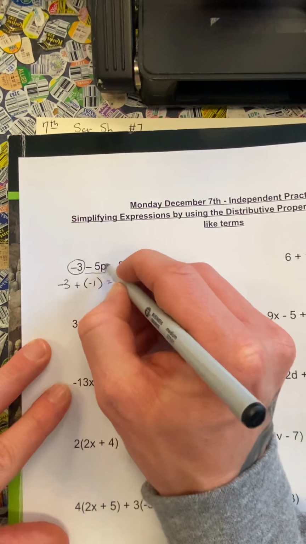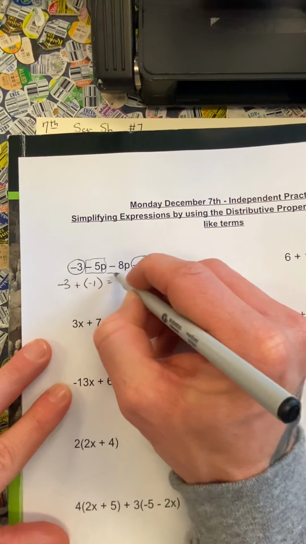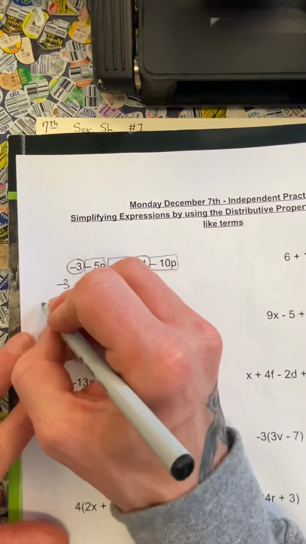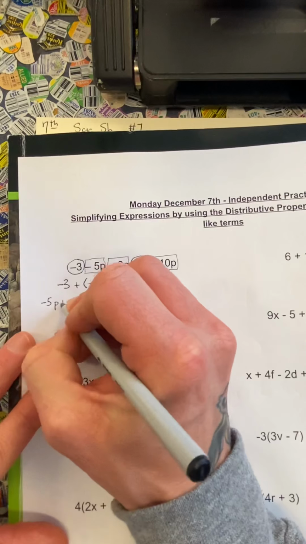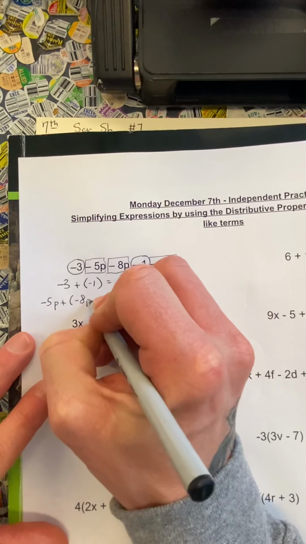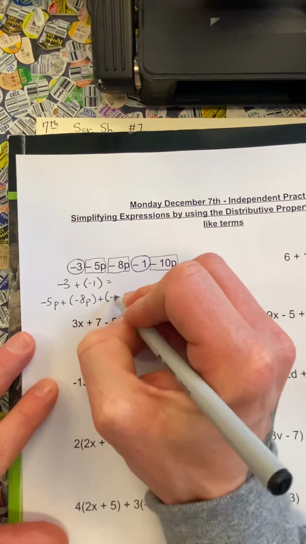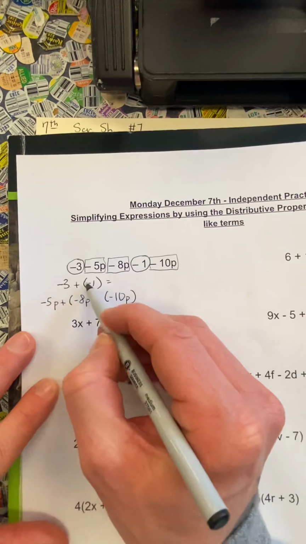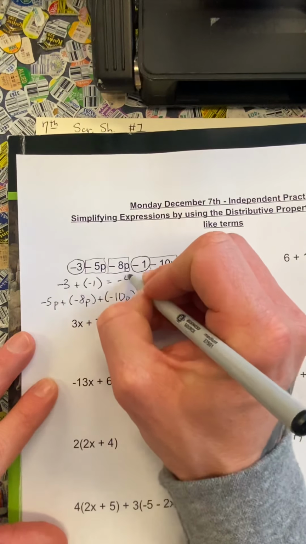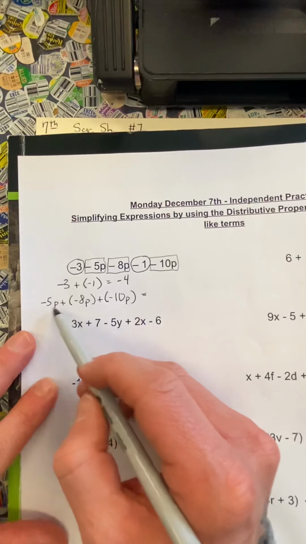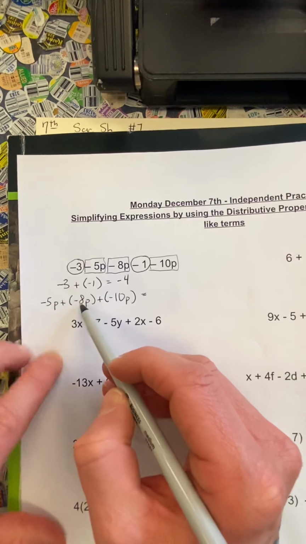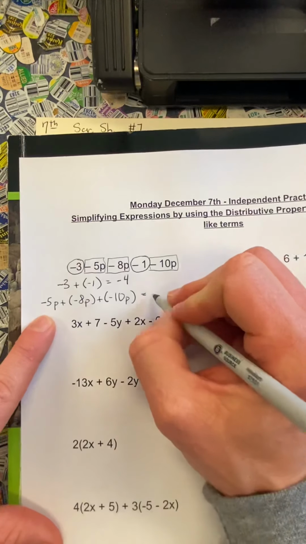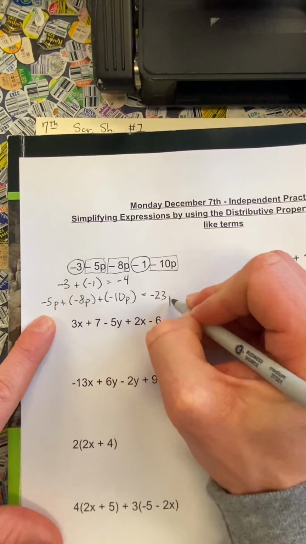So we've got negative 5p plus negative 8p plus negative 10p. So negative 3 plus negative 1 gives us negative 4. Negative 5 plus negative 8 gives us negative 13. Plus negative 10 gives us negative 23p.